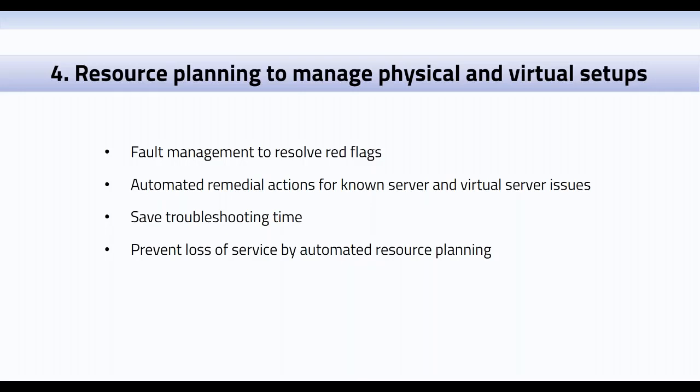resource planning. One fine example of this could be, imagine if you want your Amazon EC2 instance to immediately start in case your Tomcat server fails. You can configure an automated action like that.